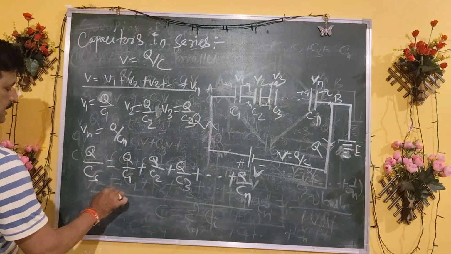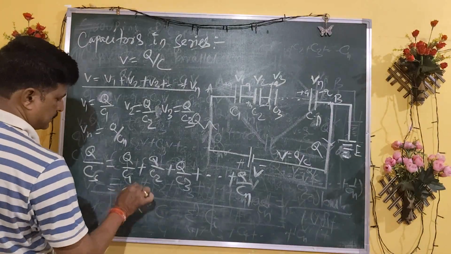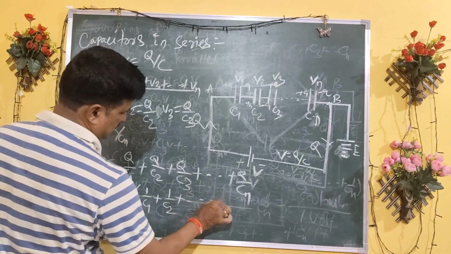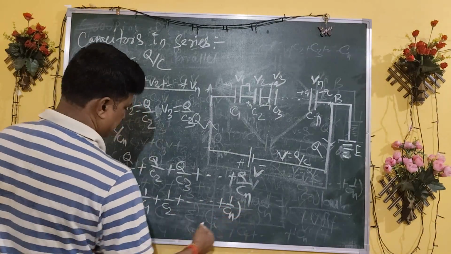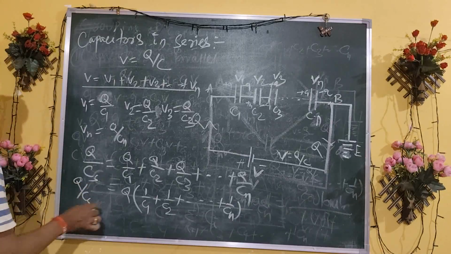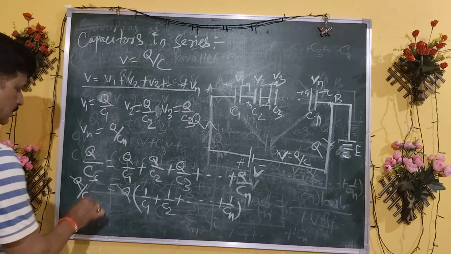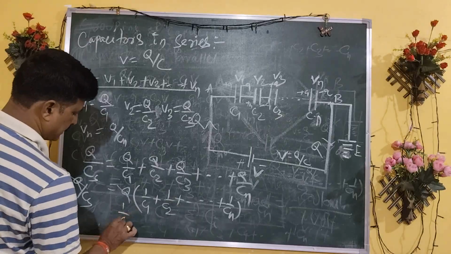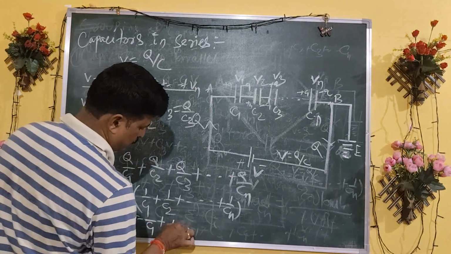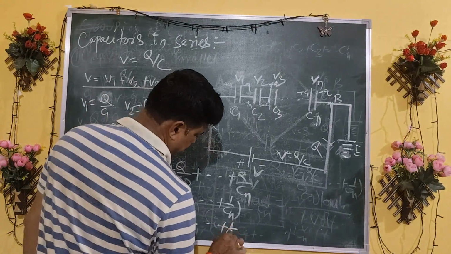Now taking Q common from all these, 1 by C1, 1 by C2 plus dash plus 1 by Cn, this is equal to Q by Cs. Cancelling Q on both sides, it becomes 1 by Cs is equal to 1 by C1 plus 1 by C2 plus dash plus 1 by Cn.